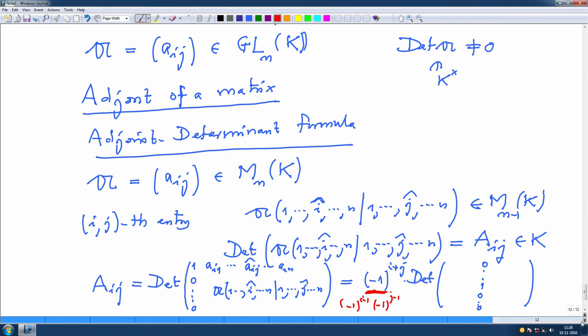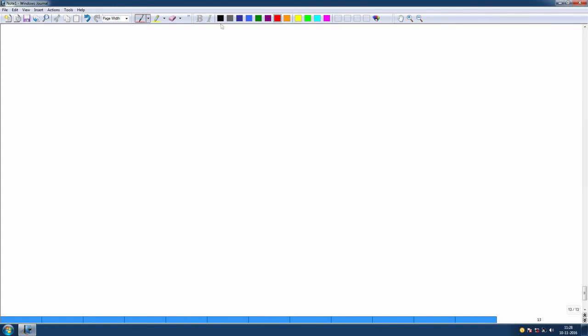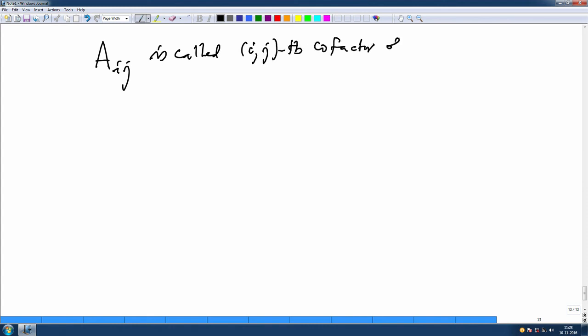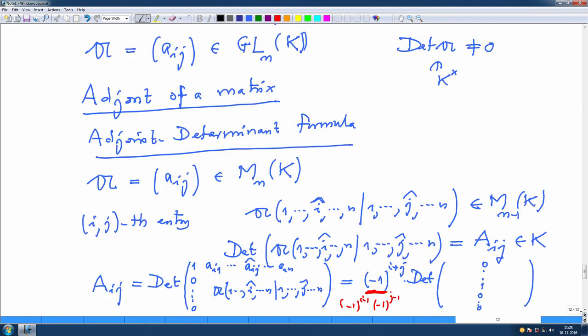So this capital Aij is called the ijth cofactor of the matrix A. And note that because of that, this Aij is minus 1 power I plus j times this determinant.